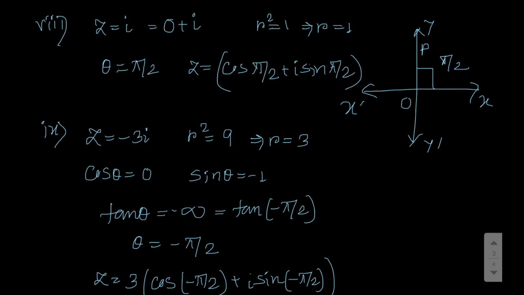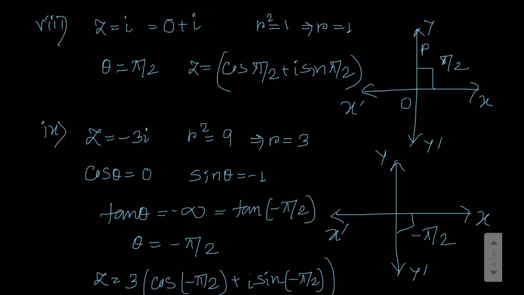And as r equal to 3, you know that. So draw the diagram: y dash, x, and minus pi by 2, that means this angle. So write this one, minus pi by 2. So that is the polar form, and also represent it by the Argand plane.